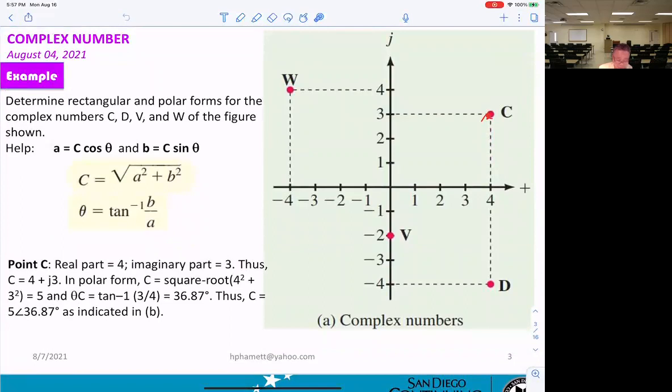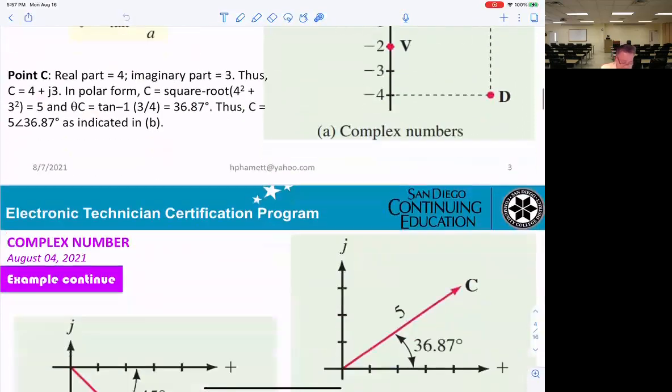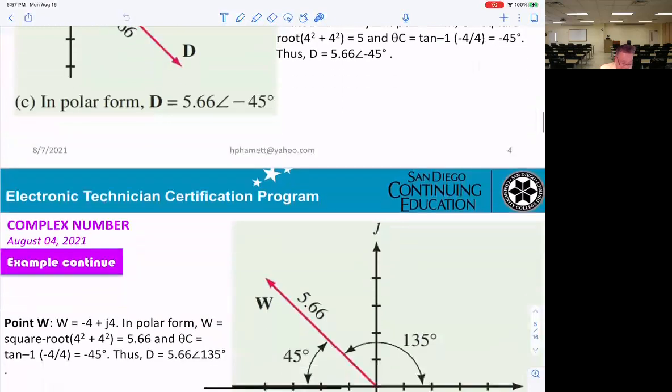They want to know C in the rectangular and C in the polar. And this is the solution to what we already did for you. The only thing is you must read it again. Okay? And that's the same thing.